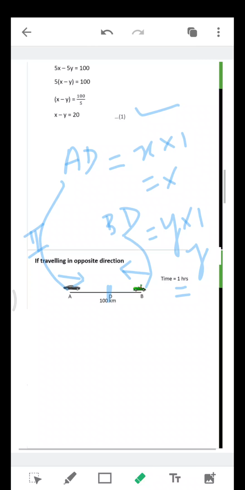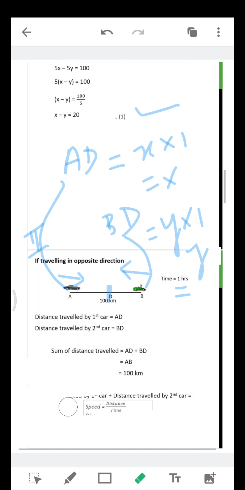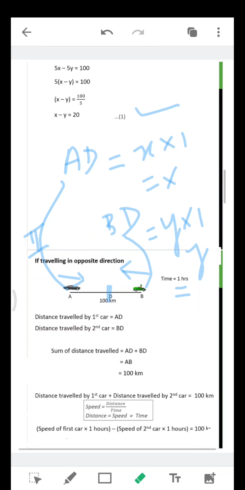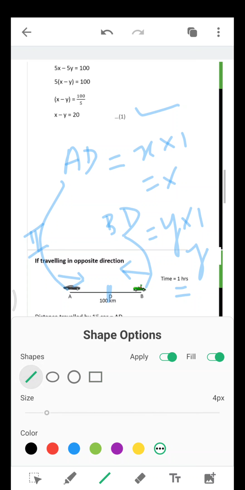If I frame equations for this, the distance traveled by the first car is AD, the distance traveled by the second car is BD, and the sum of the distances AD plus BD is how much? AD plus BD is nothing but AB, that is 100 kilometers. So I can write the total distance traveled by the first car and the second car; this will be plus here. Just be careful.